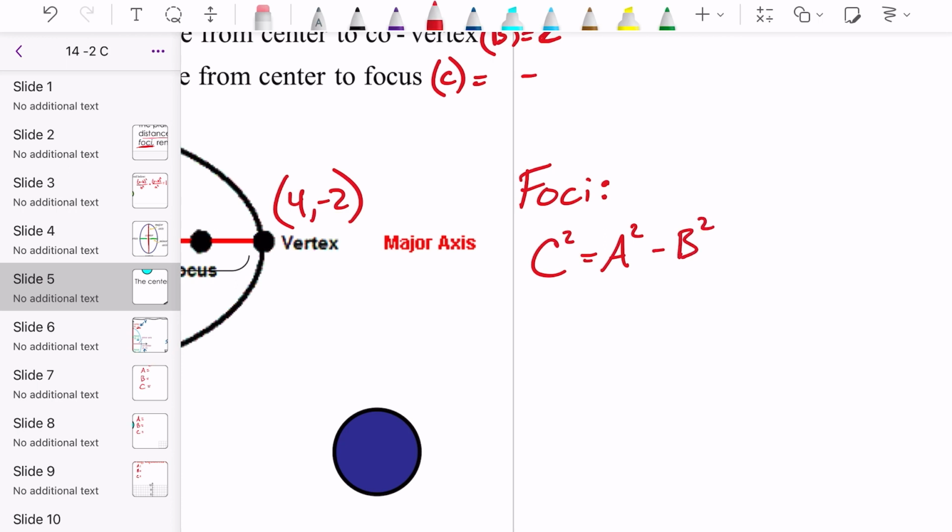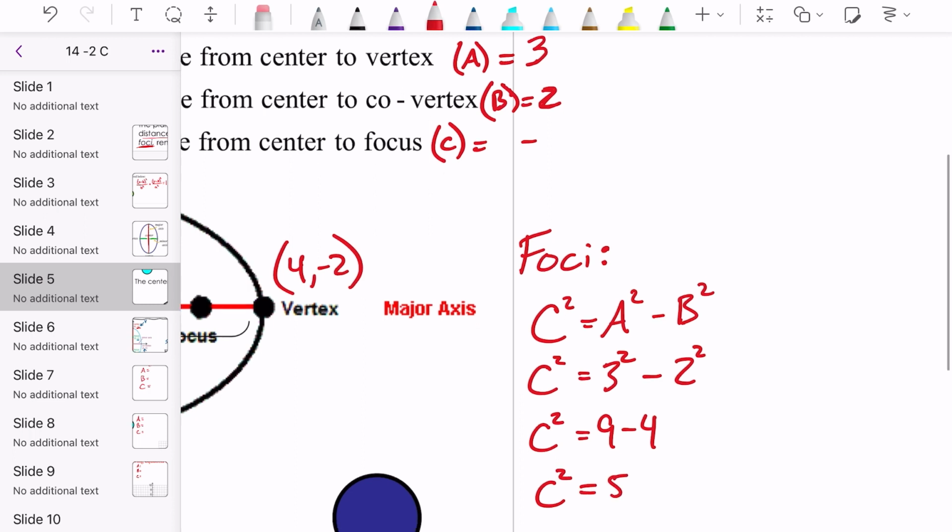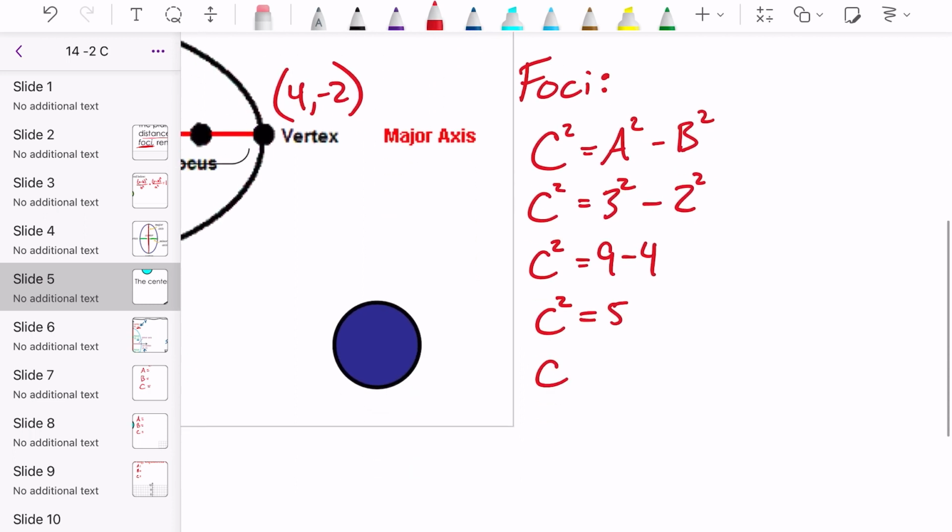In this case, we've already calculated what a is. A is 3, which means 3 squared minus 2 squared is equal to c squared. C squared is equal to 9 minus 4. C squared is equal to 5. And to solve for c, we need to get the square root of both sides.